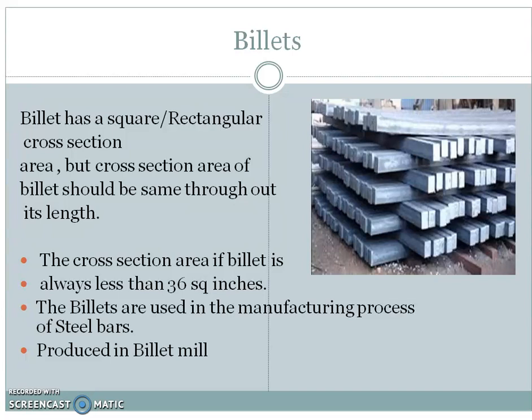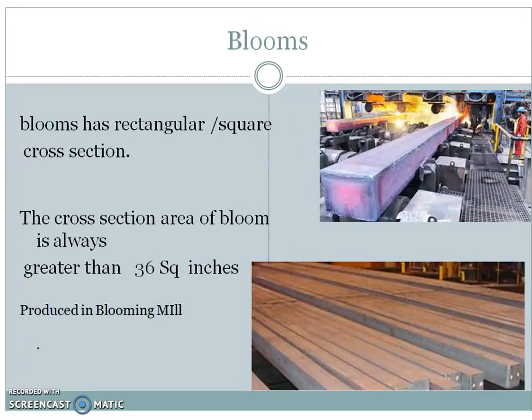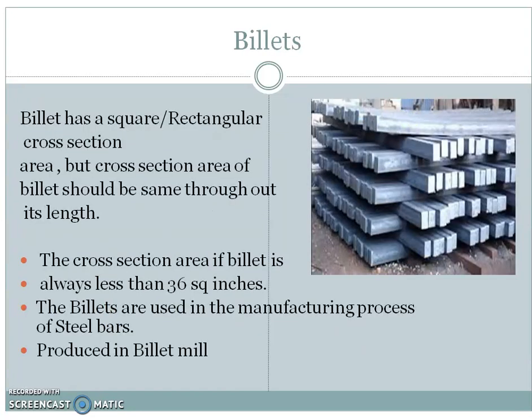Next, billets. Check the size of the billets compared to the previous blooms. Billets are also of square and rectangular cross section, but the area is less than that of blooms, less than 36 square inches. They are produced in billet mills.